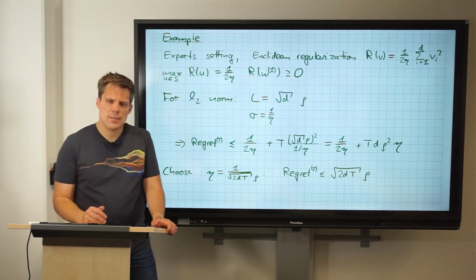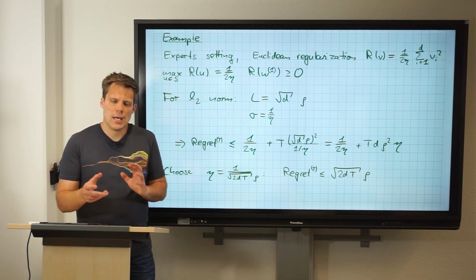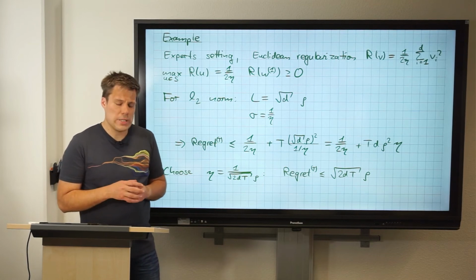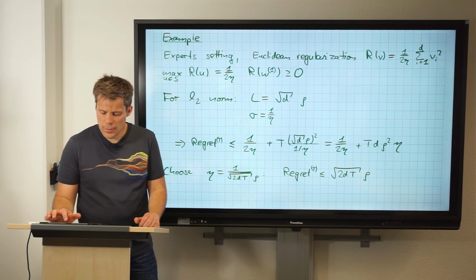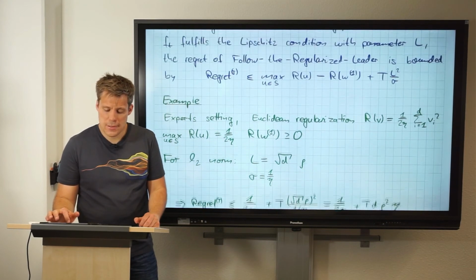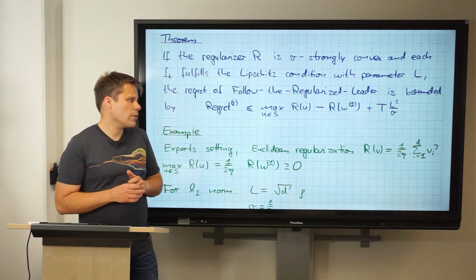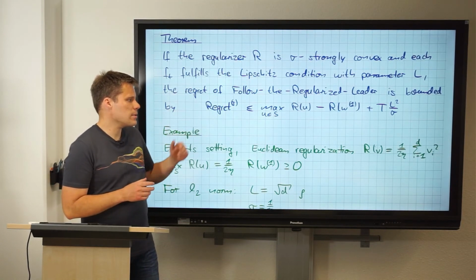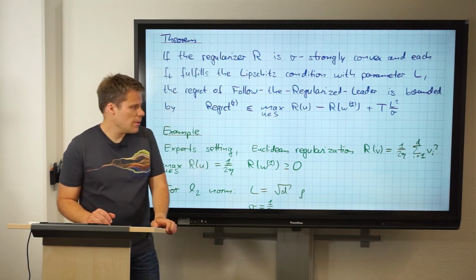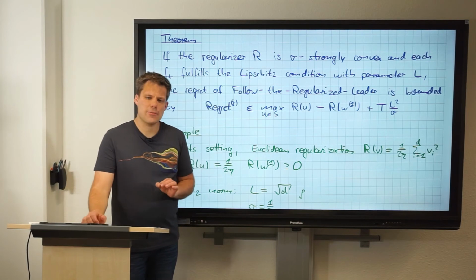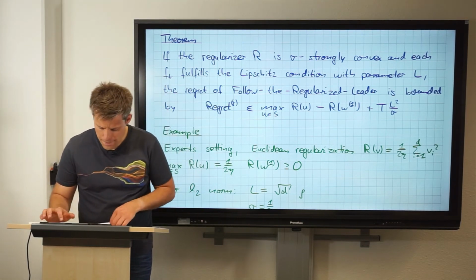We'll see in a bit how you can also state this alternatively as a more natural algorithm. Cool. So all we want to do now is prove this theorem. We want to show that the regret of follow the regularized leader is bounded by this term. How can we do this? Well, fortunately enough, we already have a regret bound for follow the regularized leader from last time.